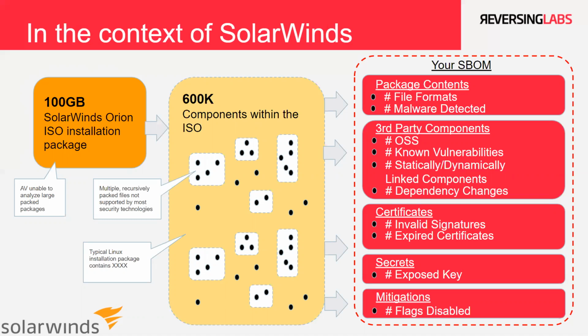Now, what's odd is once you get inside and you start looking at all those components, the fact is a lot of these things are recursively packed. This particular illustration only goes one level deep. In other words, we've got white boxes that say, look, there's another packed set of files or binaries that exist.